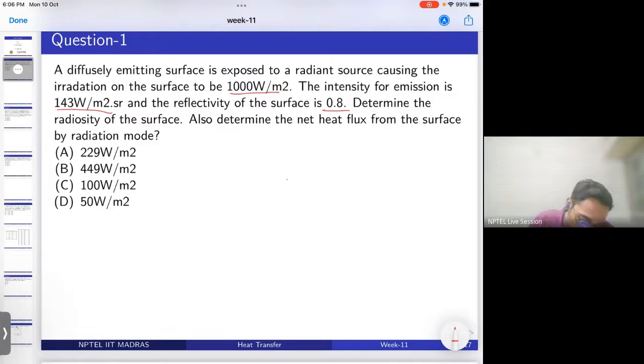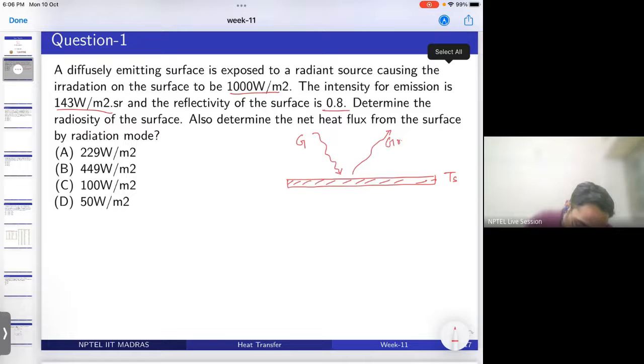So I have a surface here, which is at some temperature T. Some radiation is striking it, which I am denoting as G. A part of this radiation will be reflected, that is G reflected.